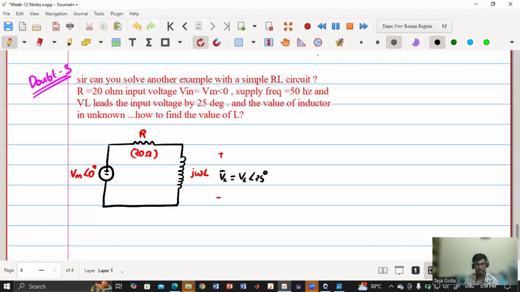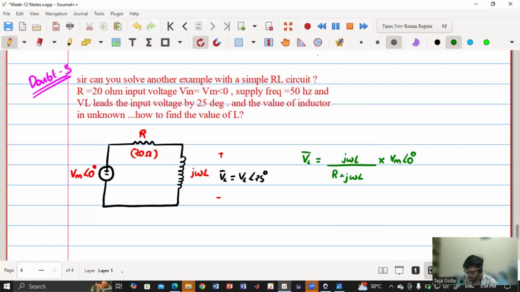They have given one value, and there is only one unknown in this circuit, so one equation, one unknown to solve. First of all, what will be the VL phasor? VL phasor is nothing but the impedance of the inductor by the overall impedance R plus j omega L, into the supply voltage, which is Vm angle 0 degrees.